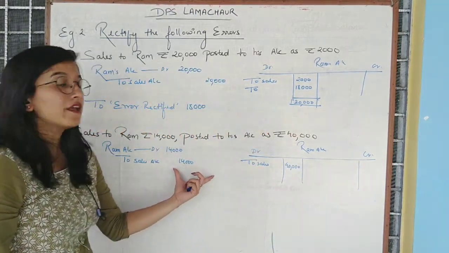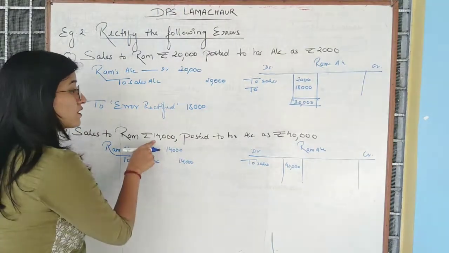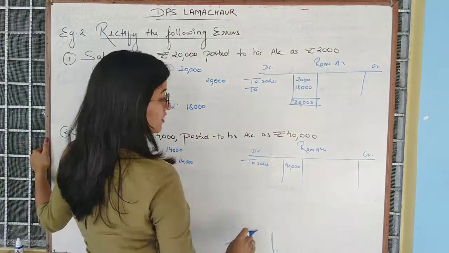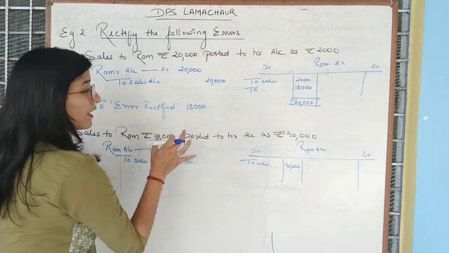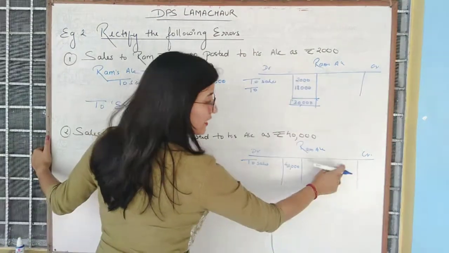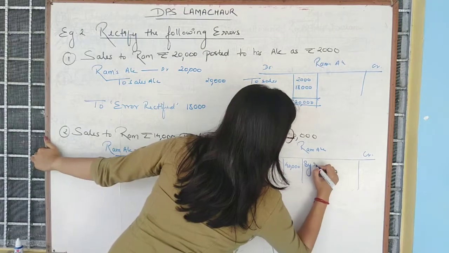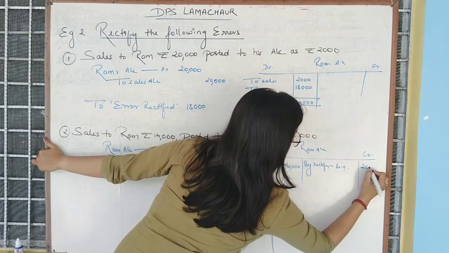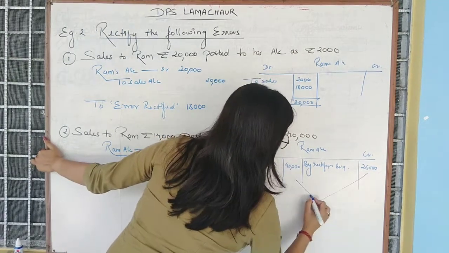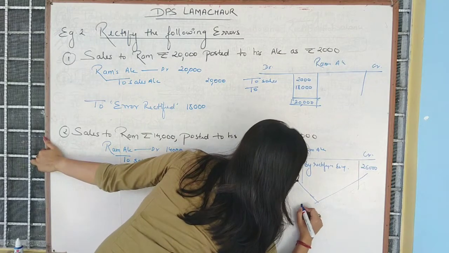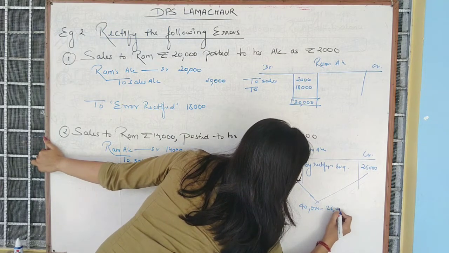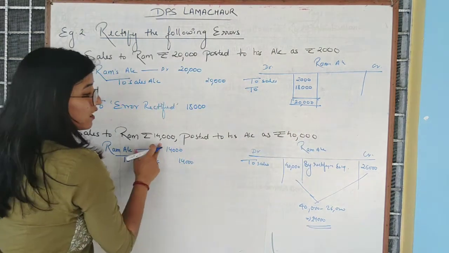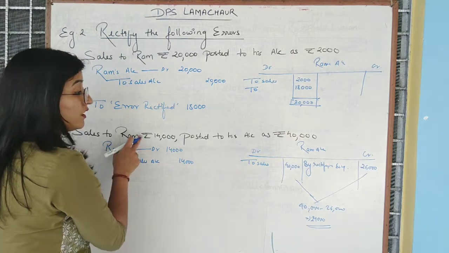Now there is an error of 26,000 because 14,000 was to be recorded, but 40,000 has been recorded. To rectify this error, we will write 26,000 amount on credit side by rectifying entry. Now the net effect will be 40,000 minus 26,000 is 14,000, which is the amount of goods sold to Ram.